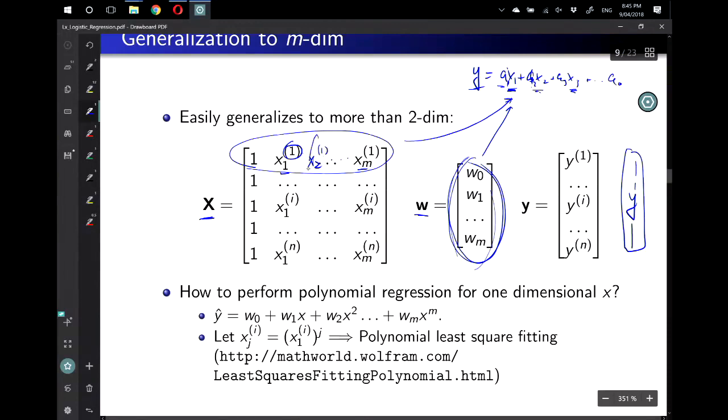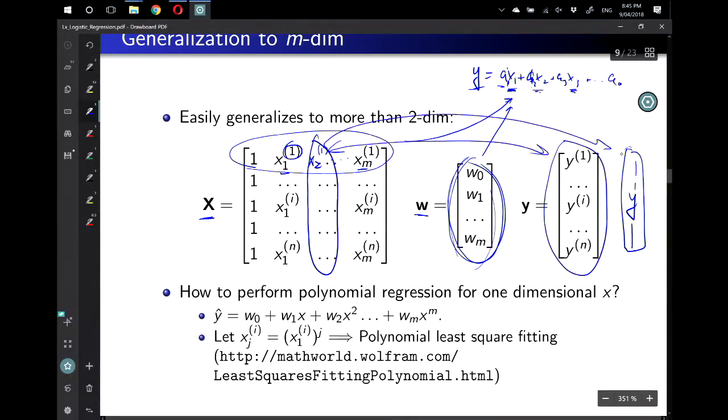So if you just pull out this column and do the inner product with the real Y, and you pull this column and do the inner product with the estimated Y, that should be the same. Okay, so this naturally extends to multiple dimensions.